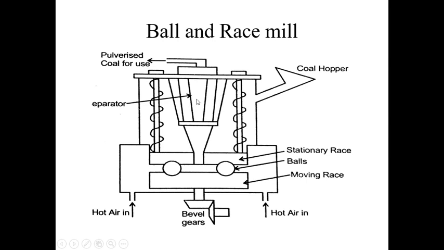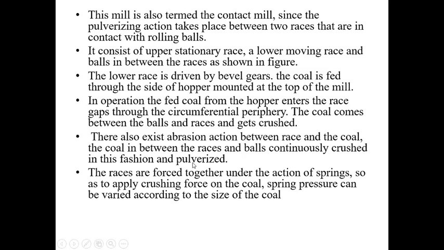So here only the required size, the pulverized coal, is allowed through the passage, and the size more than required will come back to the system, and it is crushed again into small pieces. Small pieces means the pulverized coal. So here is the explanation for that, which I have explained already.